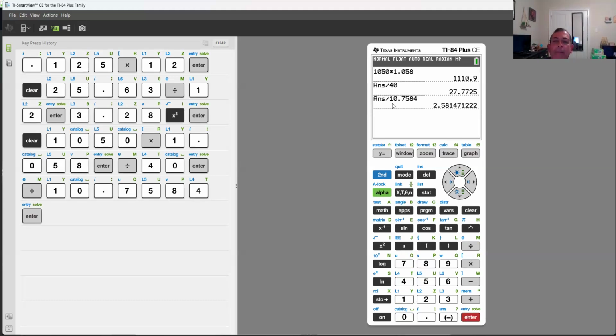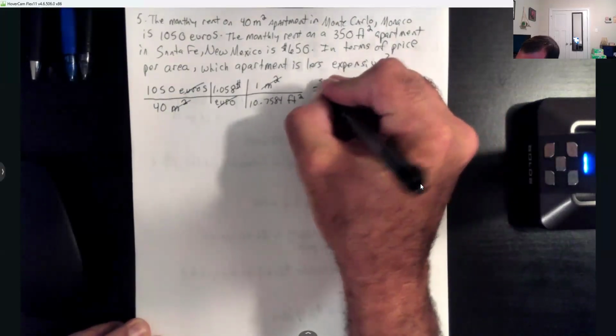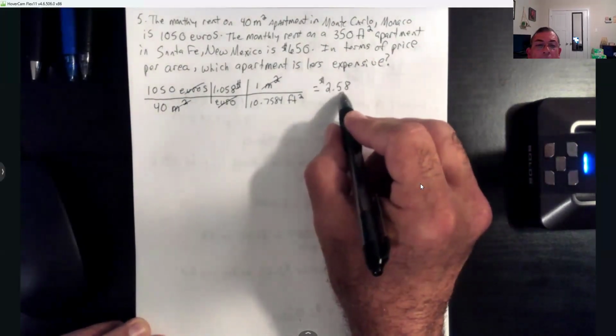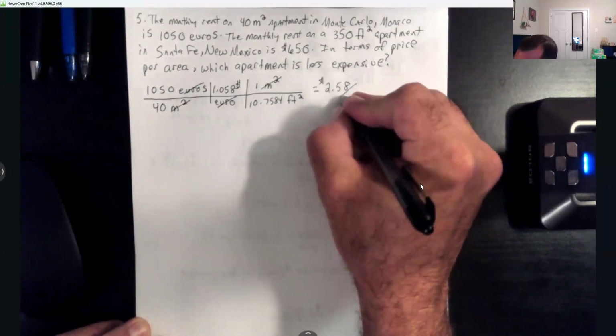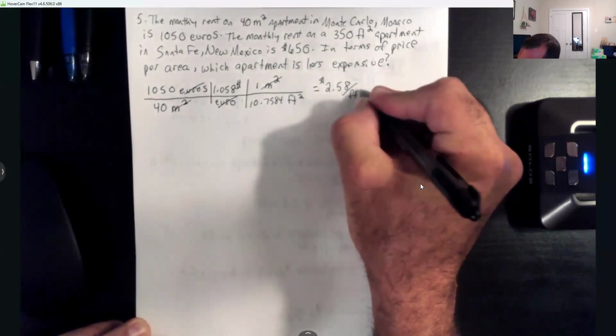Okay? So what that means is this apartment in Monaco is costing me $2.58 per square foot.